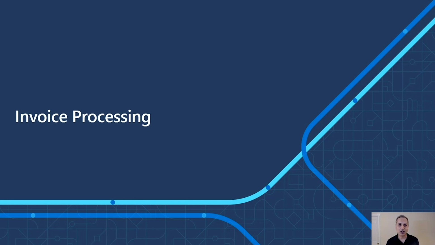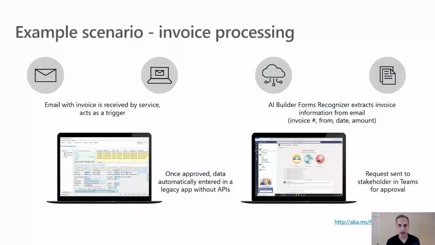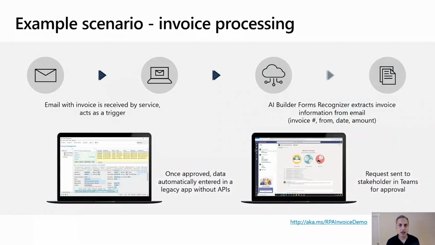To showcase what Power Automate can do, let's take a specific example of invoice processing. This is a very common scenario that most customers have, where you get emails that contain attachments of invoices, and somebody has to extract the data out of those invoices and enter it into the system. For this example, an email will get sent with an invoice.